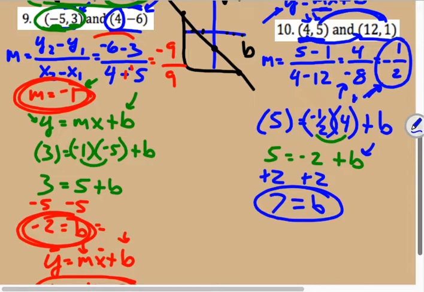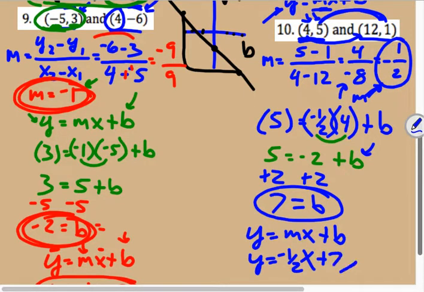We found our slope right there to be negative 1/2. So plug it into y equals mx plus b form. It's going to be y equals negative 1/2 x, and then plus the 7. There we go. So if you give 2 points, you can find slope-intercept form.